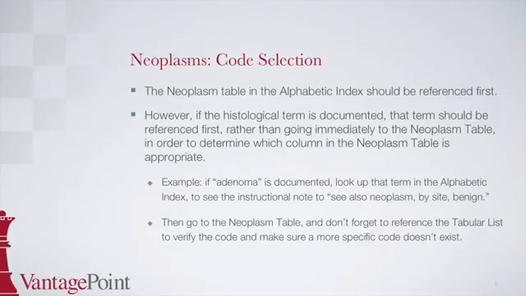This means that the correct code will be found by going to the neoplasm table, finding the anatomic site, such as the thyroid, and then using the code listed in the column for benign. For a thyroid adenoma, this would be D34, which according to the tabular is benign neoplasm of thyroid gland. As with any portion of the webinar, you may wish to pause the webinar so you have time to follow along in your ICD-10 manual.